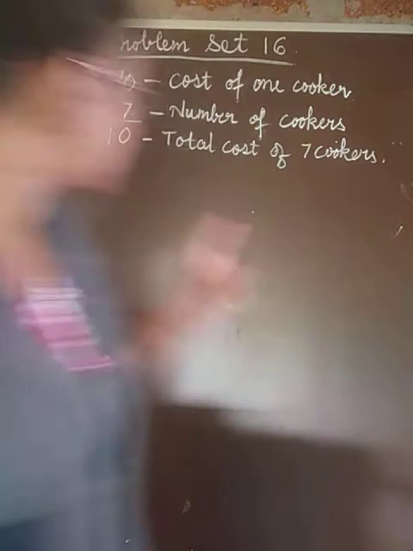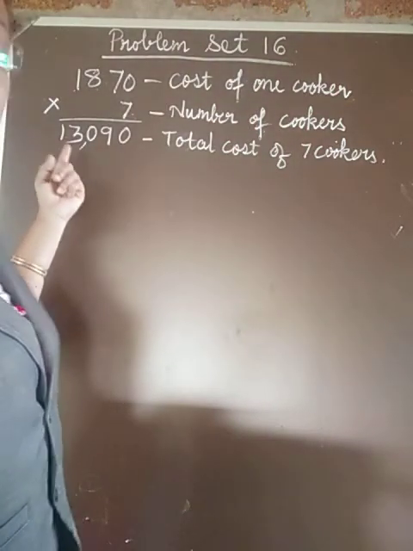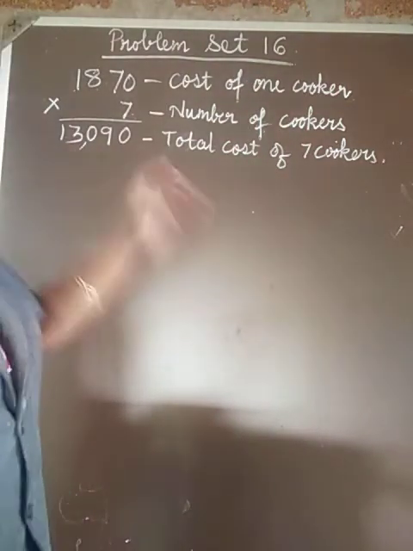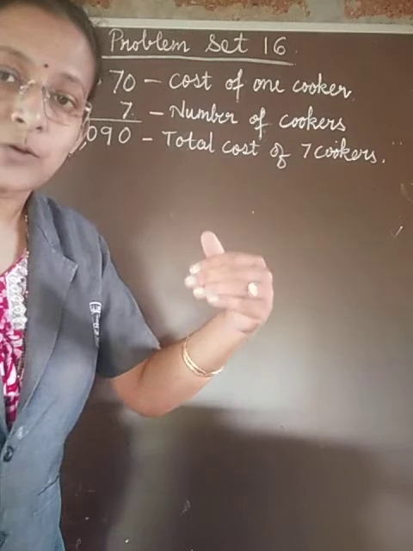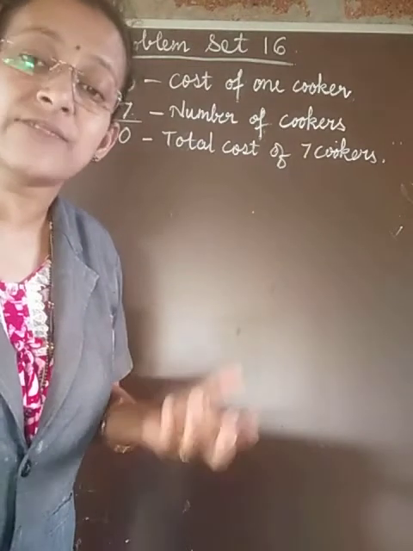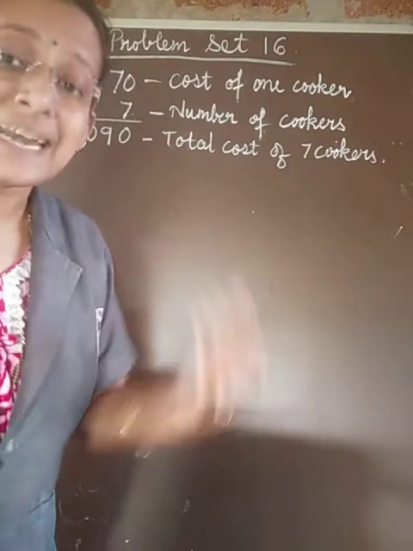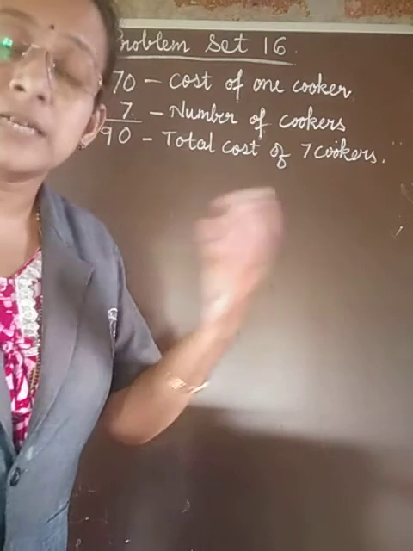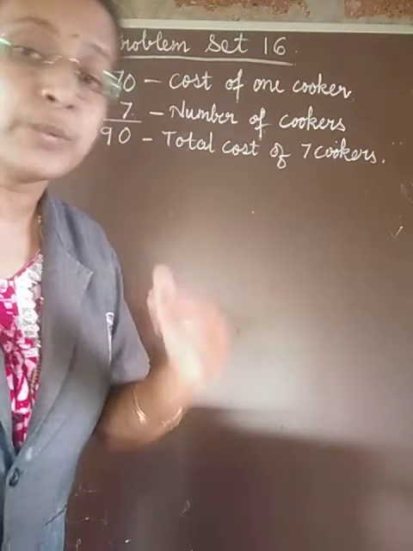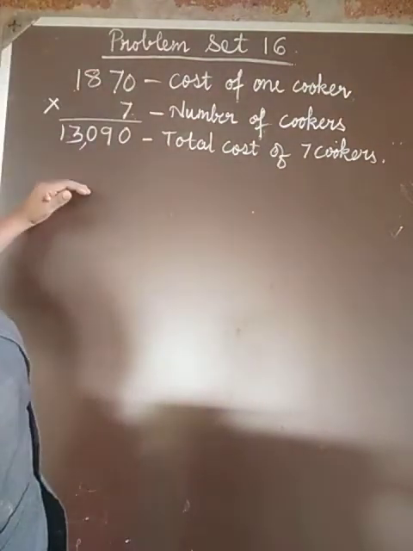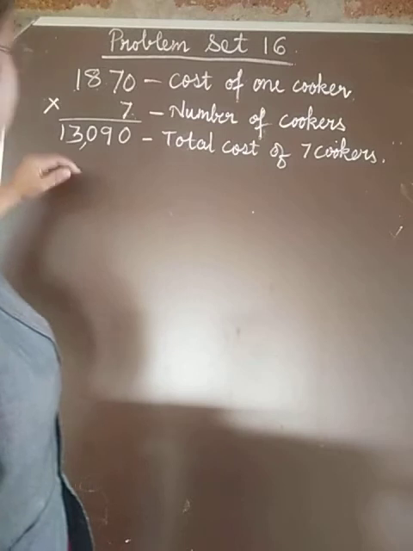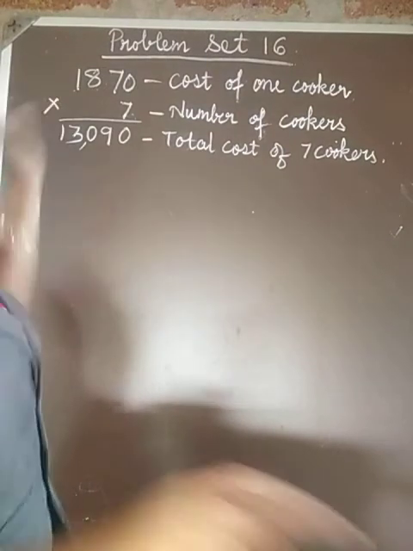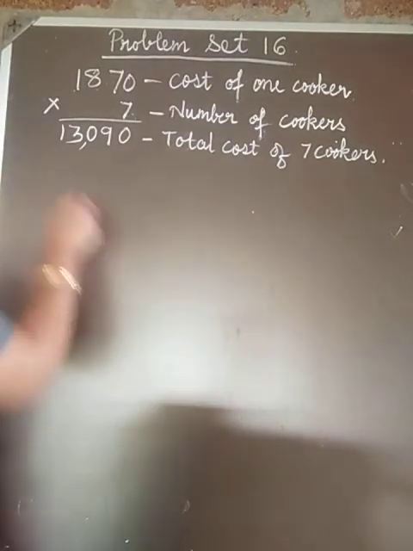Now if you see over here, he bought it for 13,090 and he sold it for more money. That means he must have got more money. But how much more money did he get? For that we have to subtract 13,090 from 14,230 rupees.